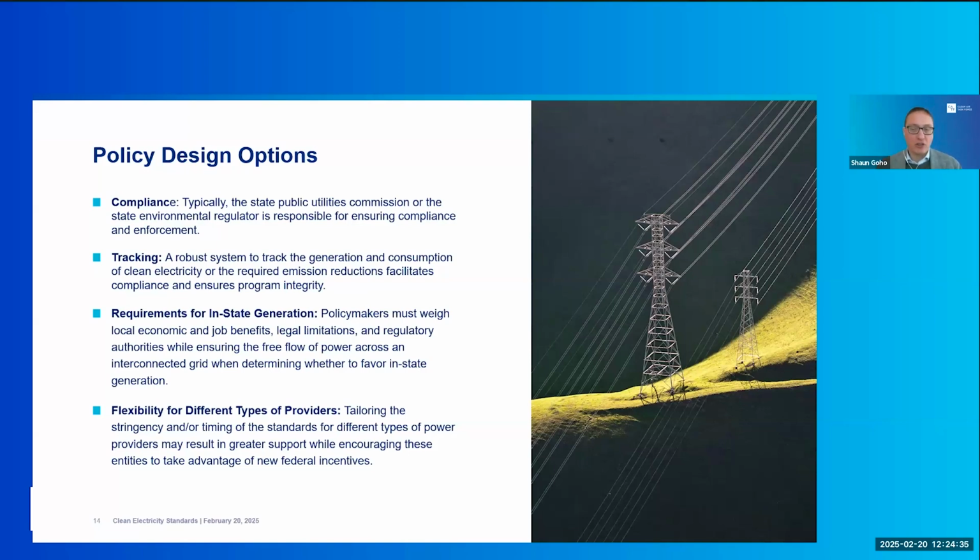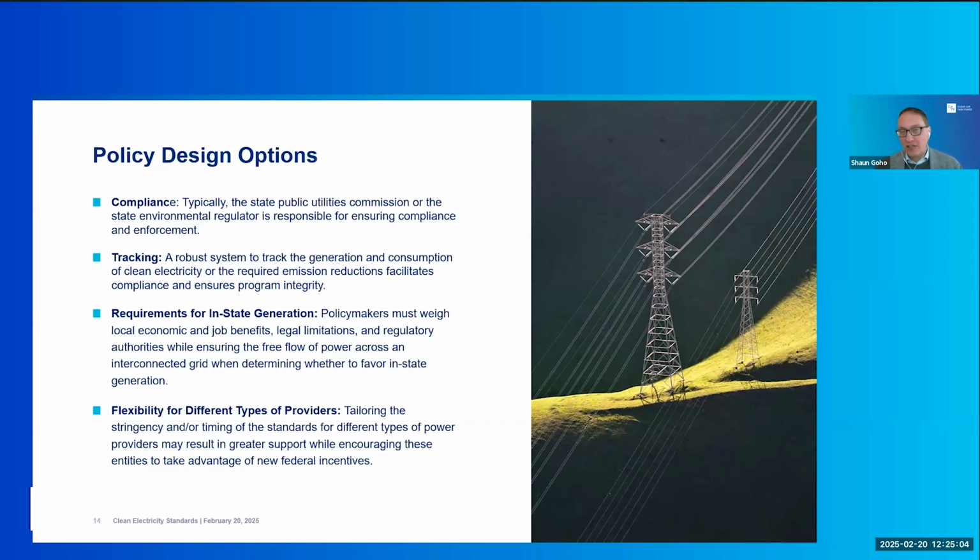There are obviously local economic and job benefits from prioritizing in-state generation. However, it also must be considered that in most of the country, the electrical grid is interconnected, and that any particular state will be drawing on electricity as generated in multiple states, and that sometimes the lowest cost option for complying will be generation that's out of state.